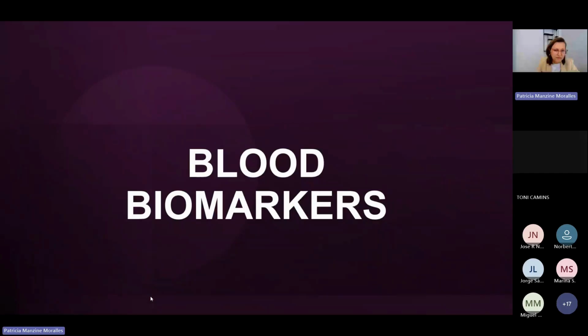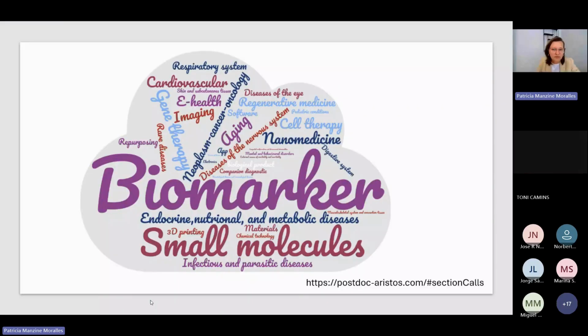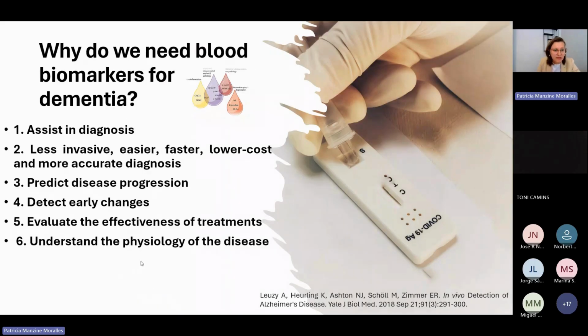And what about the blood biomarkers? Why are we talking so much about this kind of studies nowadays? Biomarkers have been the major focus of scientific studies in recent years in several areas of research: in nanomedicine, in aging, in Alzheimer's disease, and also in dementia. And why are we looking for blood biomarkers for dementia? Blood biomarkers can assist in the diagnosis.